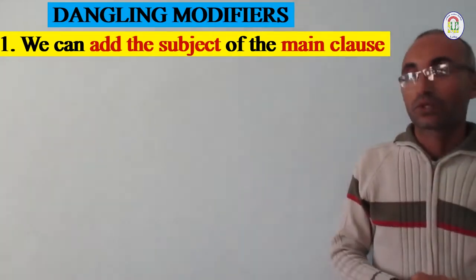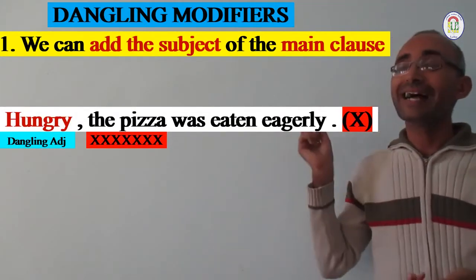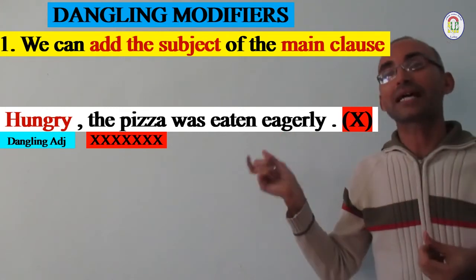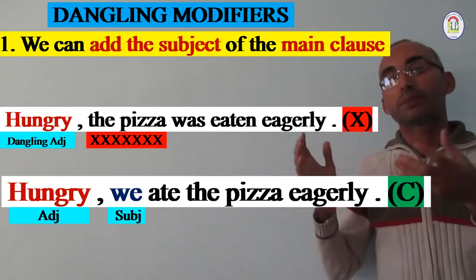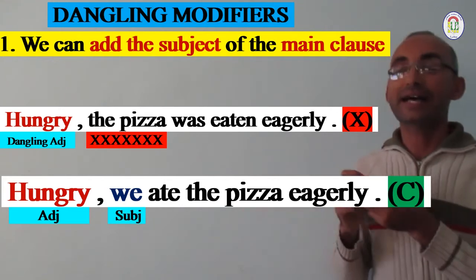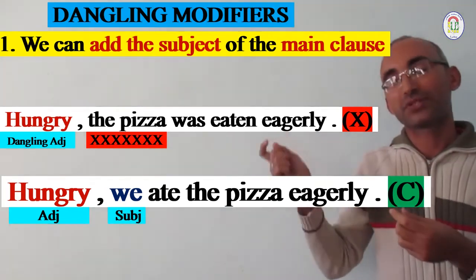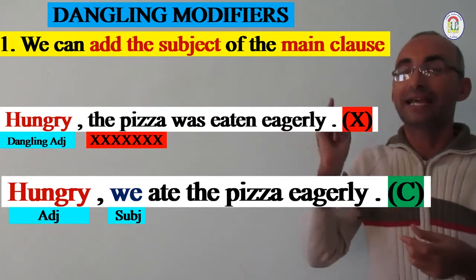For example, we correct the first mistake by adding the subject in the main clause, and I write: Hungry, we ate the pizza eagerly. So here I have added the subject directly after the comma, and we is modified by hungry.